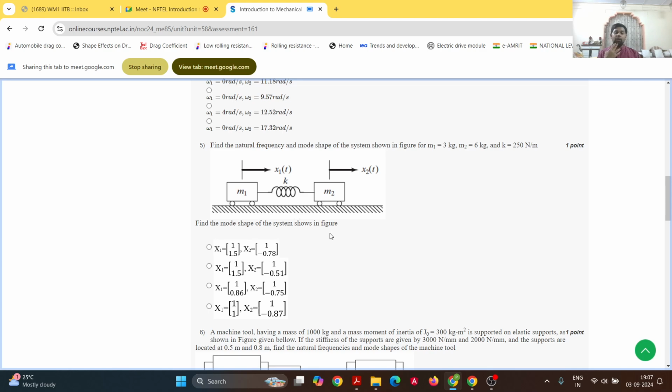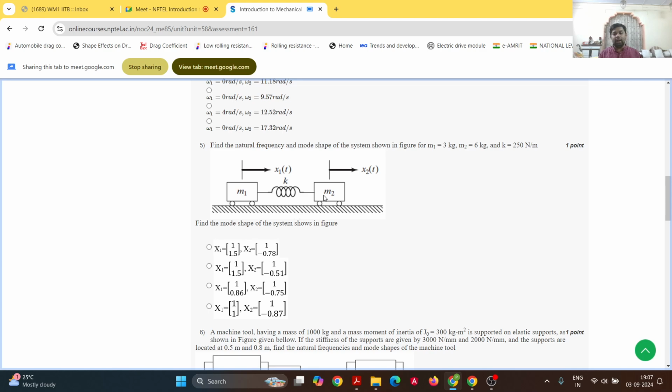It is somewhat simple to visualize. Suppose there are two blocks of the same mass, and if you stretch the masses equally on both sides and release them, that will be one natural frequency, right?